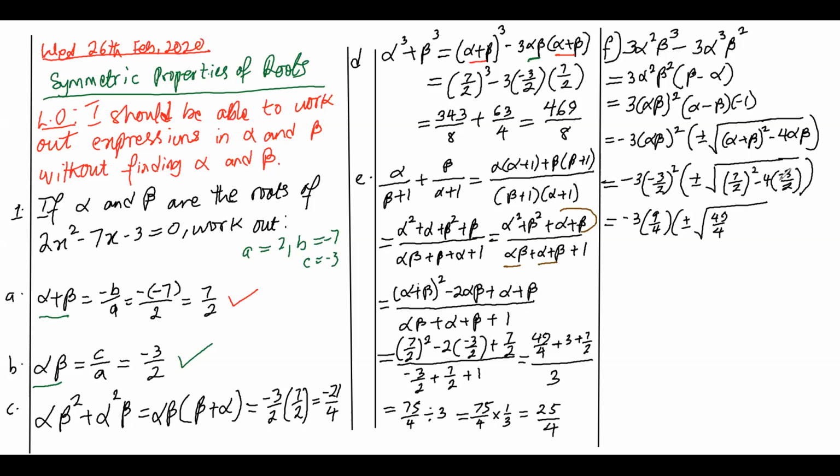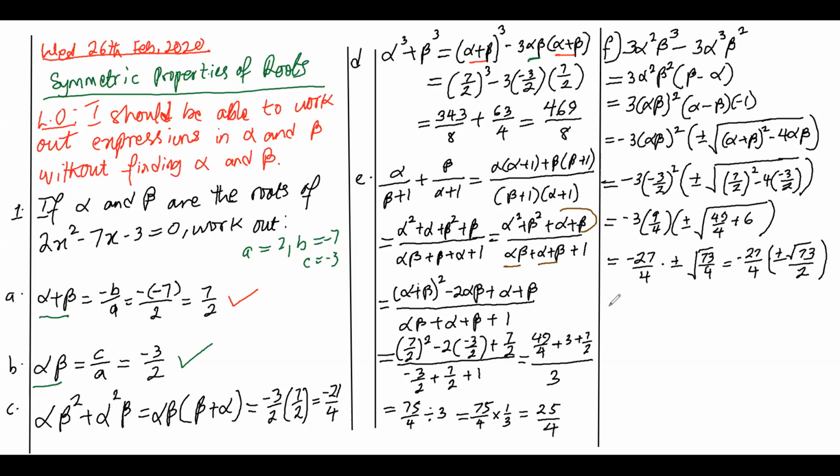49/4. There's no power here. So this is plus 6. What is 49/4 plus 6? Is it 73 over 4? Yeah, so 27/4 multiplying plus or minus square root of 73/4. So this is minus 27/4 multiplying plus or minus root 73 divided by 2. This is multiply.